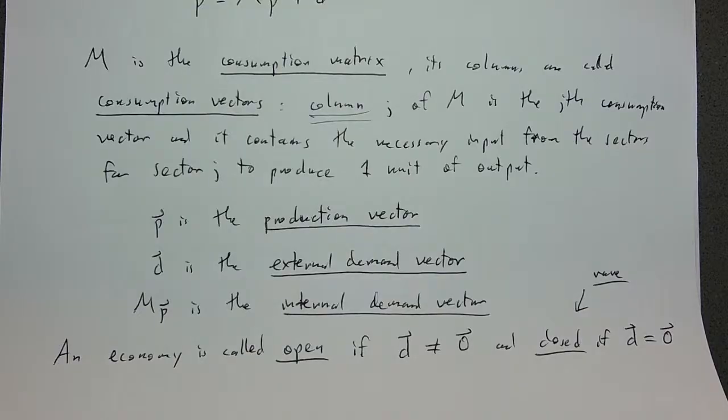Okay. All right. We will discuss this example of a closed economy later when it comes up, but for now we're basically going to leave that off. We're going to mostly consider open economies.